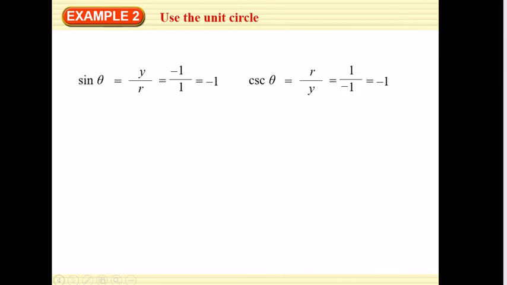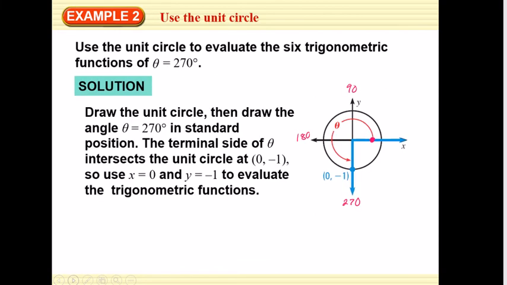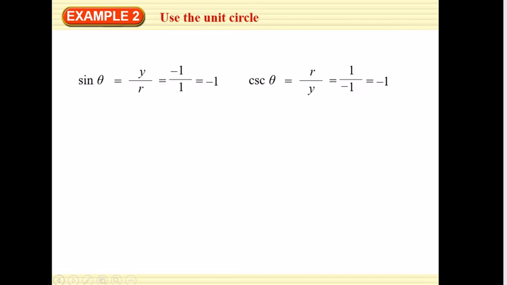So setting it up, sine of theta is going to be negative 1, and then the cosecant is also going to be negative 1. And as I said before, we can think of this as cosine comma sine of that angle. So I could have easily just jumped straight in towards the negative 1. And then in order to find the cosine, I would know that it is 0.